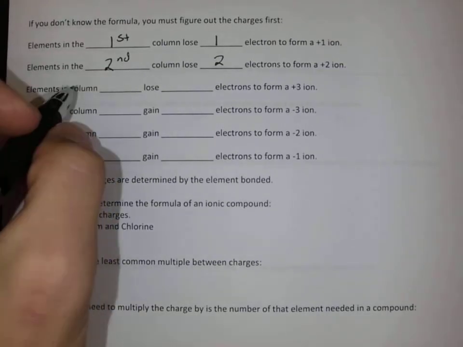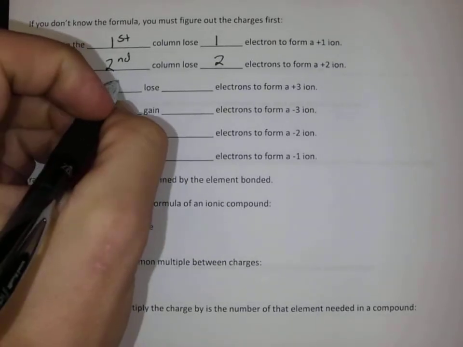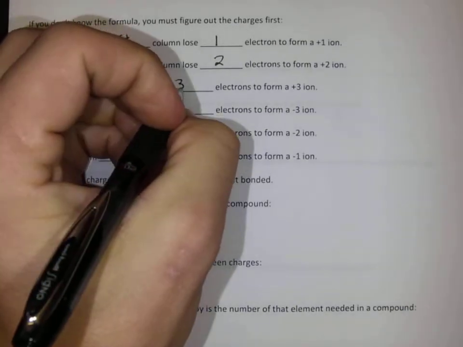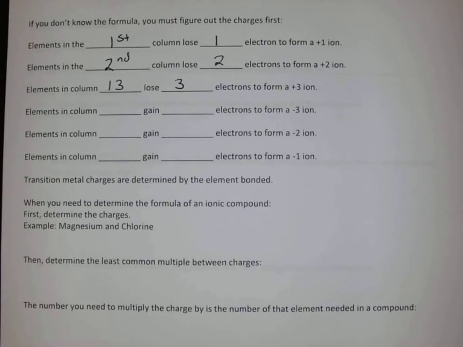If we are over in column 13, right, that's our boron, aluminum, gallium, that's going to lose its three valence electrons and form a +3 charge. Now, gallium and indium starts getting a little bit weirder, though. We're not going to worry too much about those weirder ones.